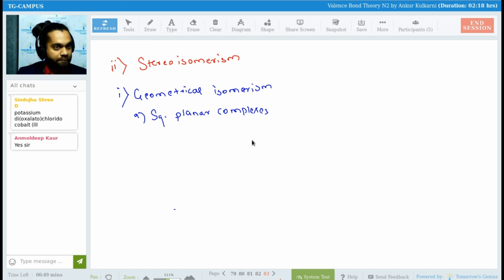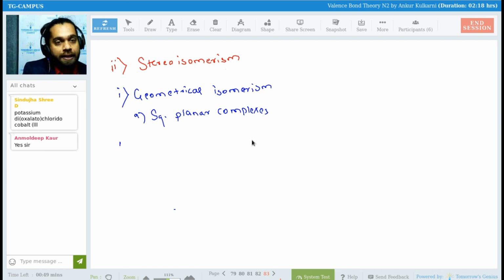So in the square planar complexes, what is the coordination number? Coordination number means how many bonds does it form? Okay, so coordination number is 4. So let us say I have a complex like Ma2B2.